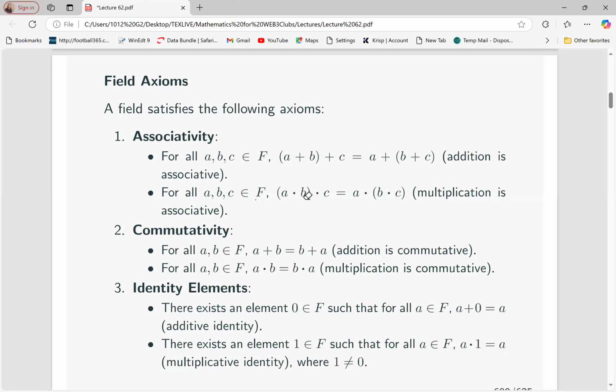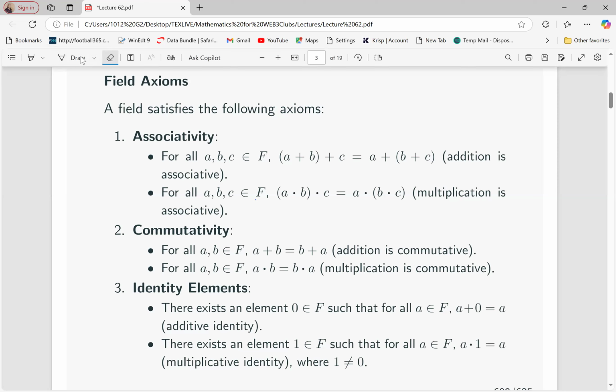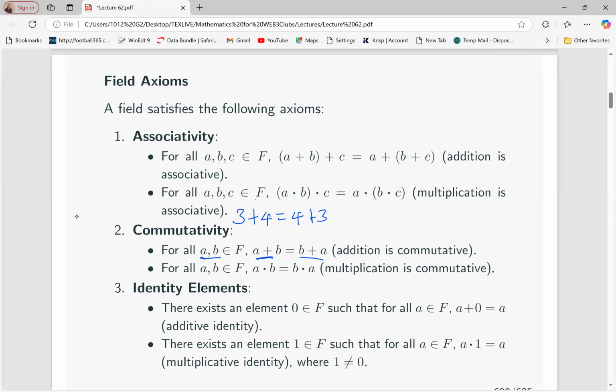So these two operations of addition and multiplication, we move with them through every axiom. We check every axiom to see if the two operations satisfy it. The other axiom that we look at is commutativity. Under addition, you pick any two elements and see whether A plus B is the same as B plus A. We want to see whether 3 plus 4 will be the same as 4 plus 3.